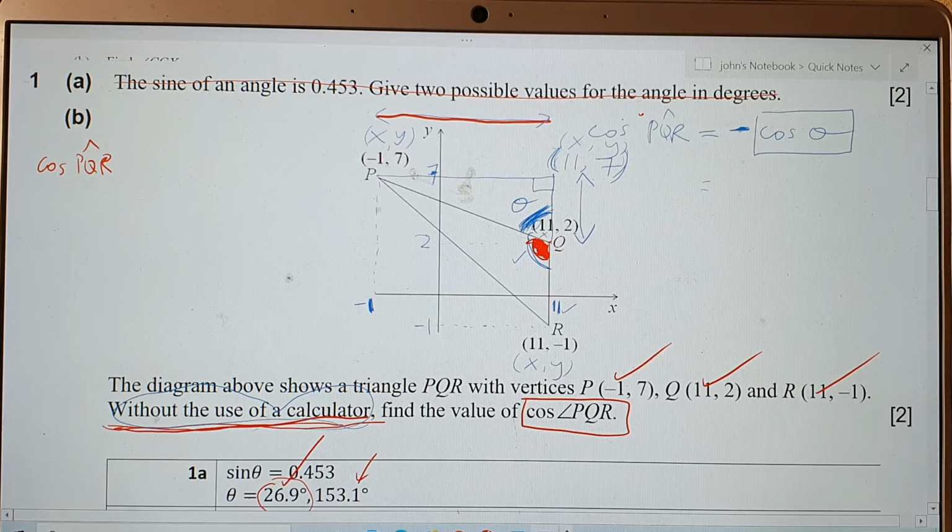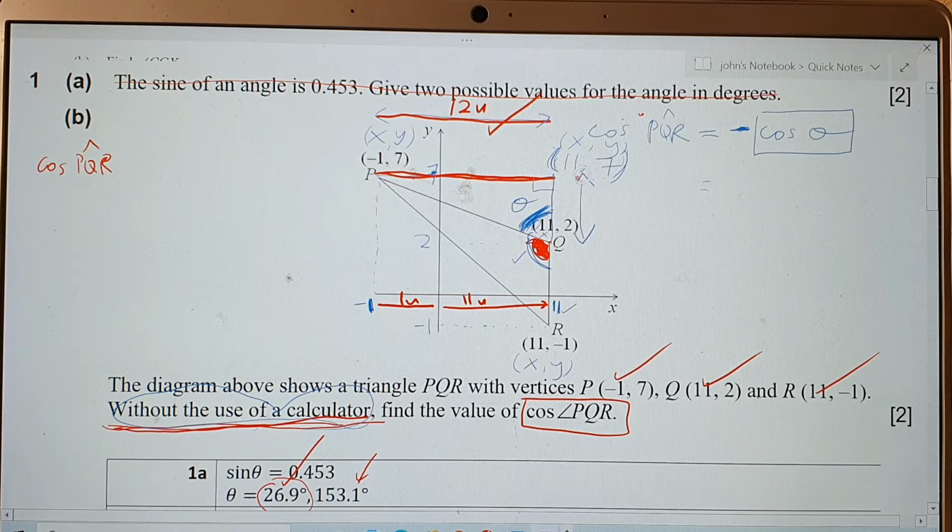From minus 1 to here is 1 unit, then here to here is 11 units. So altogether this length is 12 units. I'm trying to find the sides of the right angle triangle. Now I found this already. Very happy.